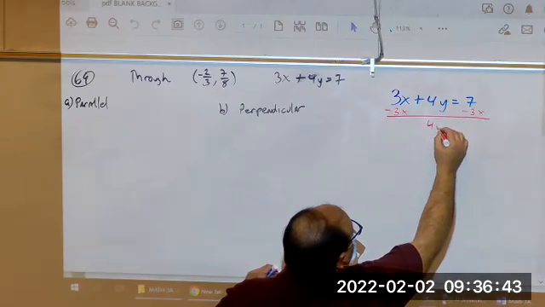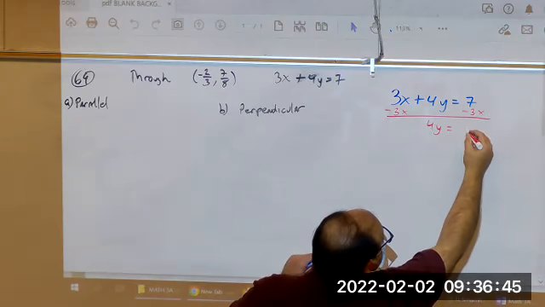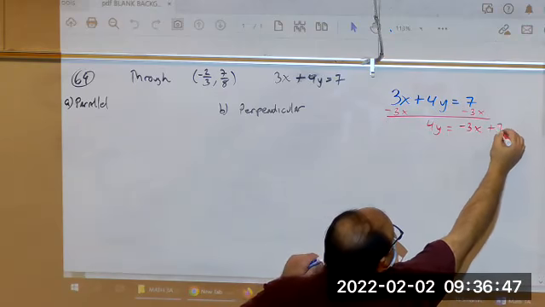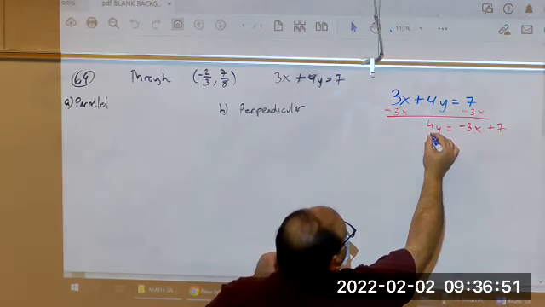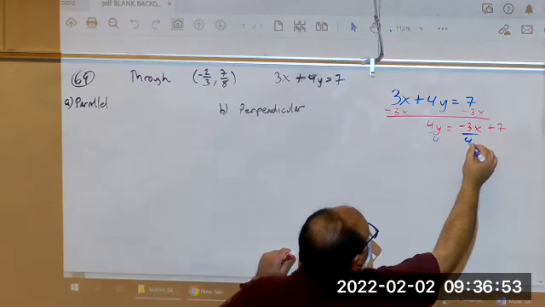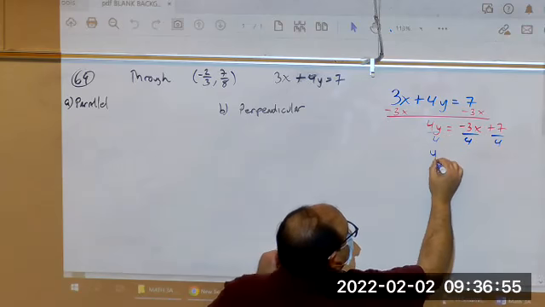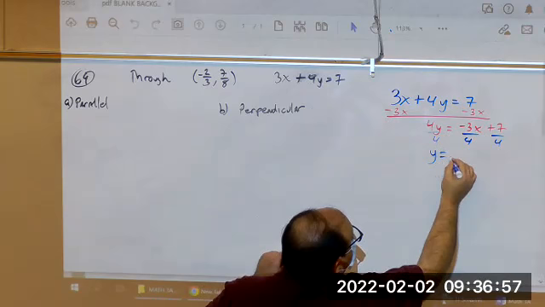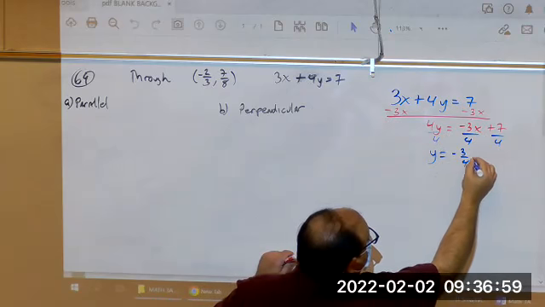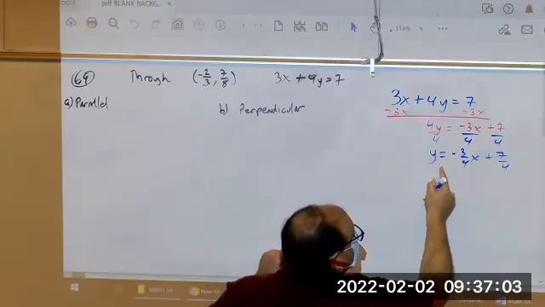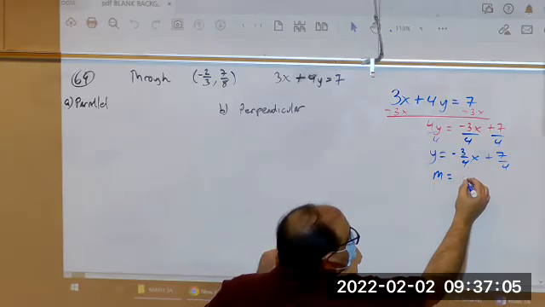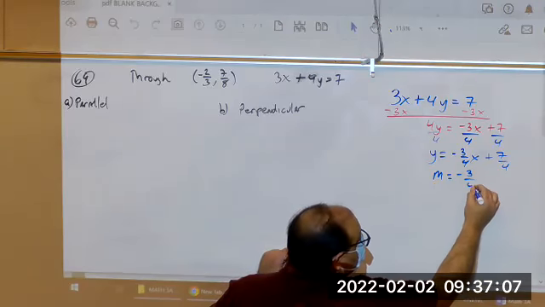And we get 4y equals negative 3x plus 7. Everybody gets divided by 4. So the given line is y equals negative 3 over 4 times x plus 7 over 4. The given line has a slope of negative 3 over 4.